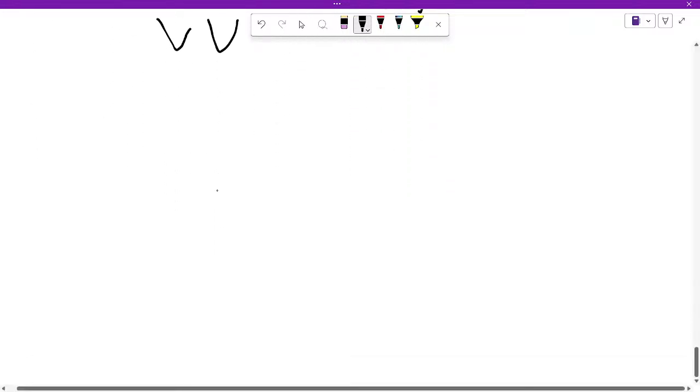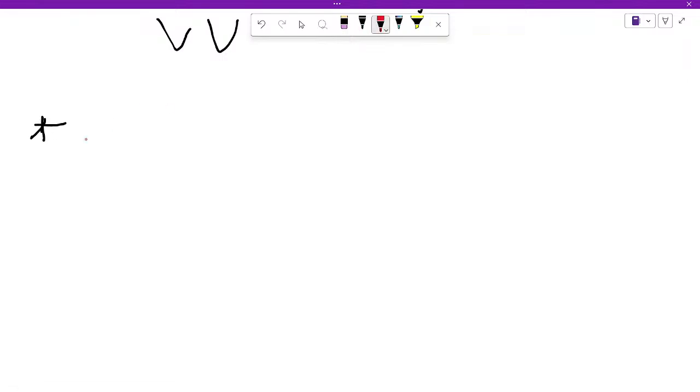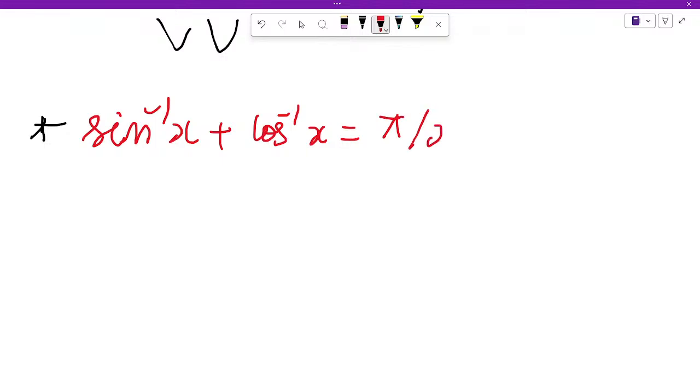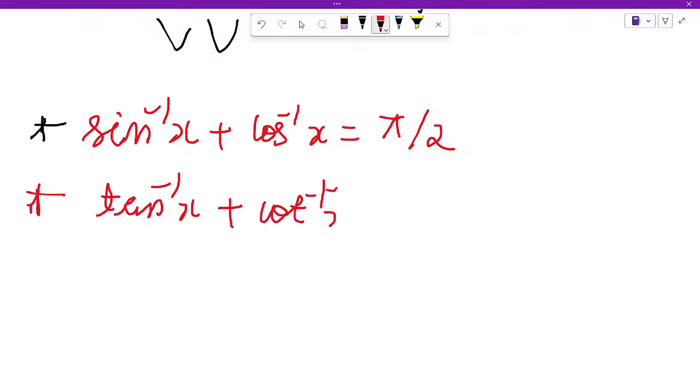Now we need to know a few important formulas. One is sine inverse x plus cos inverse x equal to pi by 2. Second one is tan inverse x plus cot inverse x will also be equal to pi by 2.